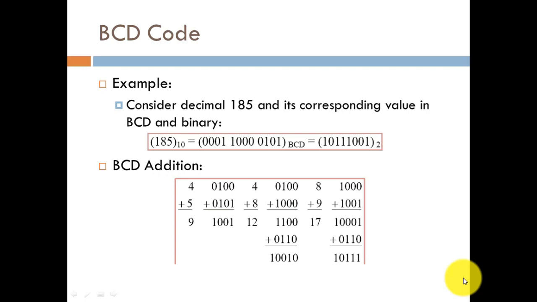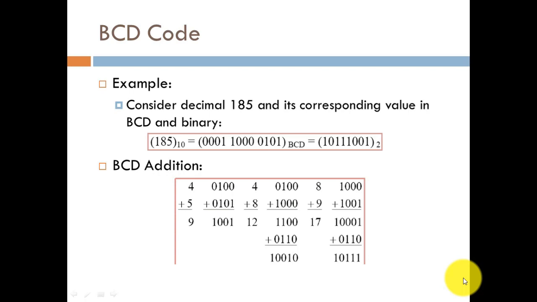We have just put the weighted value of decimal 5 in 4 digits, that is 0101. If you closely observe, 101 is the binary representation of 5, and we put this 0 because we have to represent it in a block of 4 bits. The 8 is represented as 1000 and the 1 is represented as 0001.